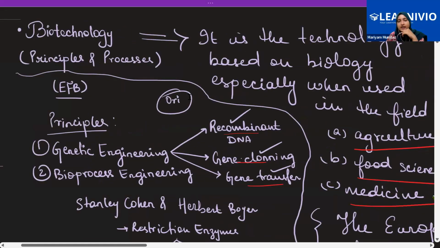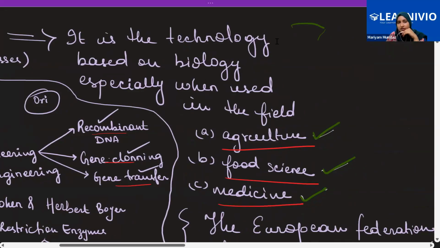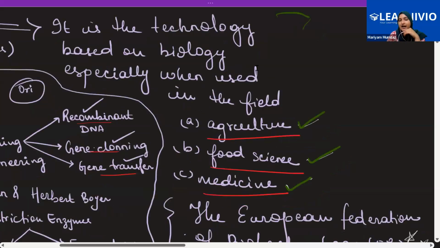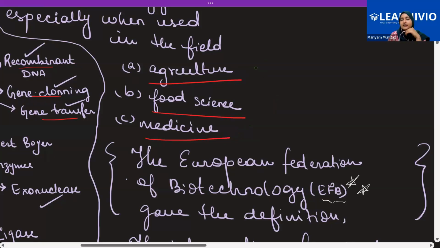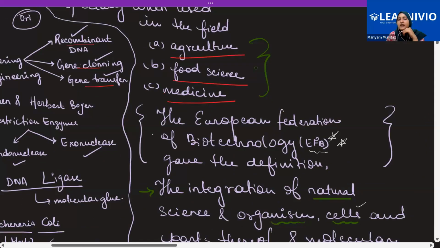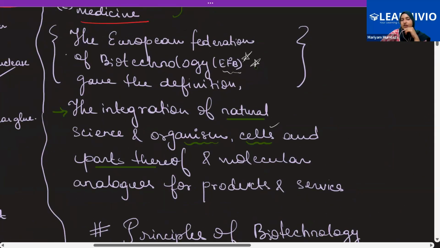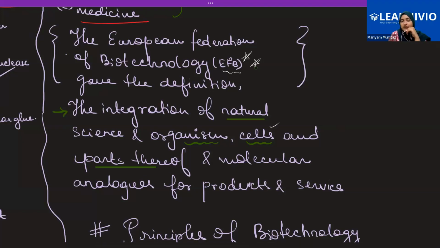So biotechnology is technology based on biology, especially used in the field of agriculture, food science, and medicine. These three fields, majorly. Now, there is a federation called the European Federation of Biotechnology, EFB, which has given a proper definition.